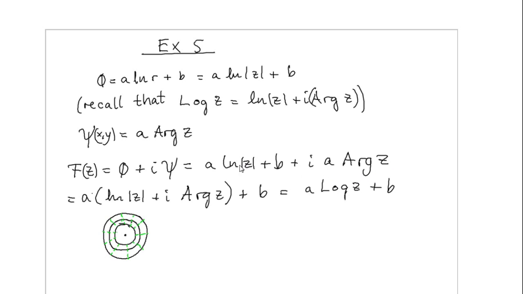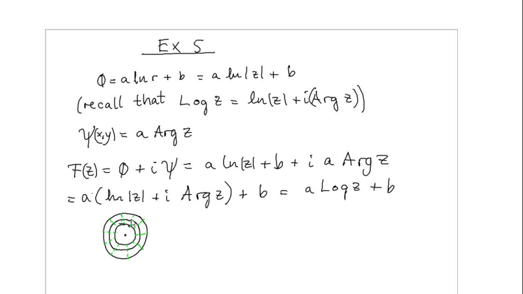So we can add or collect these two terms and obtain a times the logarithm of the absolute value of z plus i times the principal argument of z. And we know that this is just the definition of the principal logarithm of z. And we add this constant b. In fact, b is in this case any real number, but it can also be any complex number if you like.